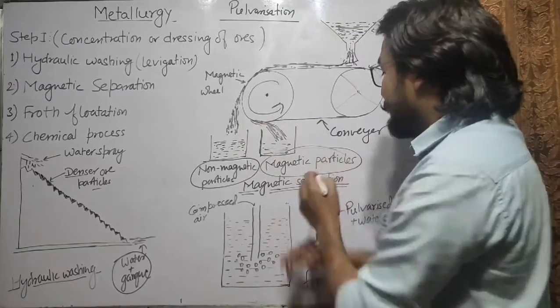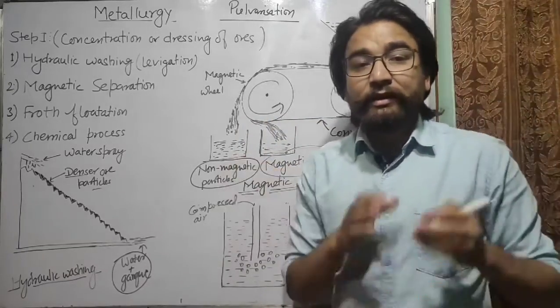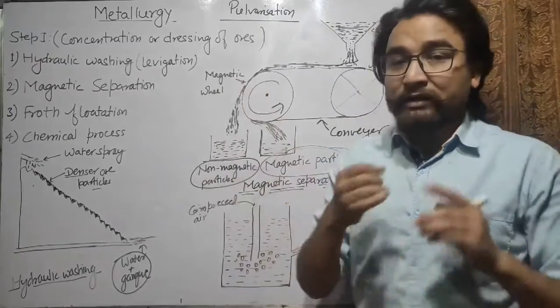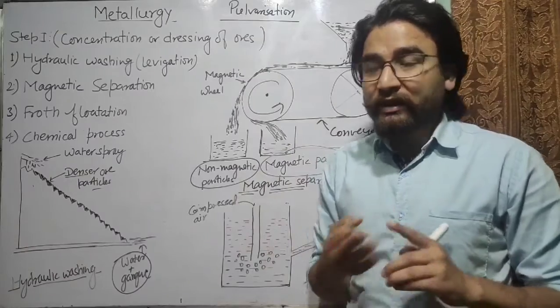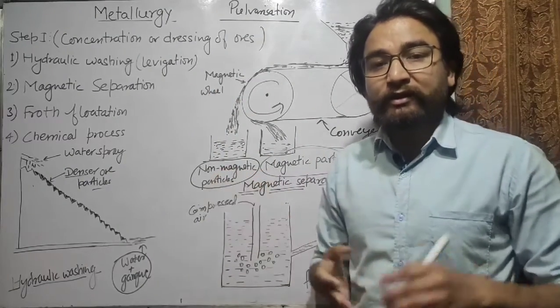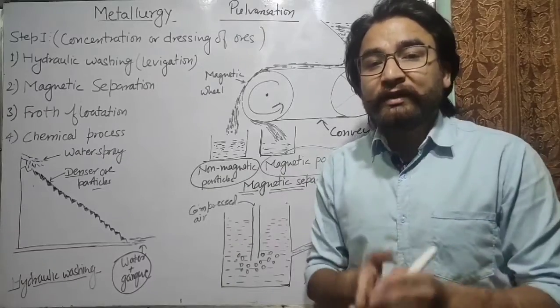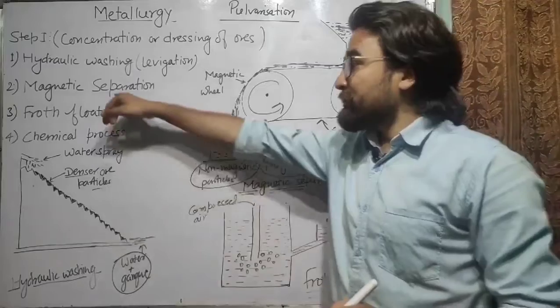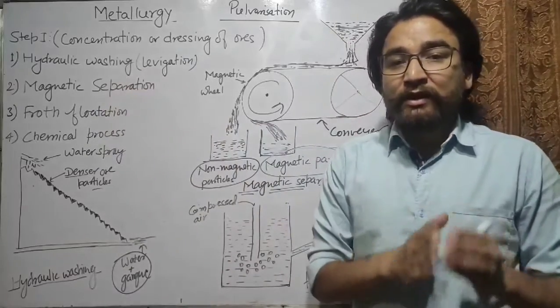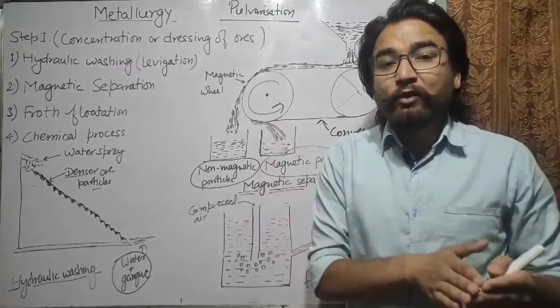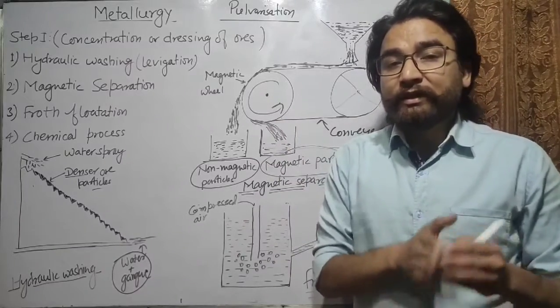So the magnetic particles can be separated from the non-magnetic particles. In this method, either the ore should be magnetic and the gangue particles non-magnetic, or the ore should be non-magnetic and the gangue particles magnetic. Only then this process can be used. Otherwise, if both are magnetic, they cannot be separated, and if both are non-magnetic, they cannot be separated either.